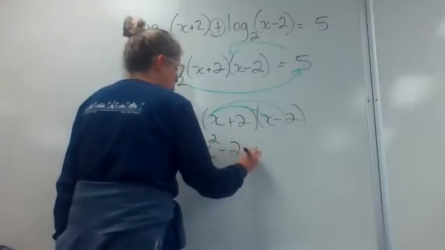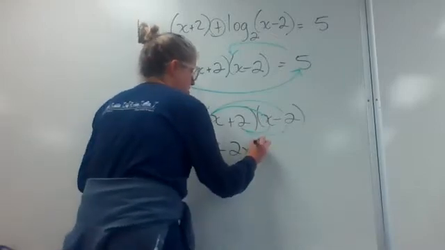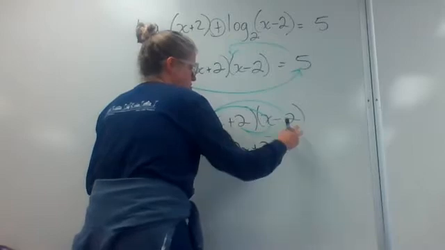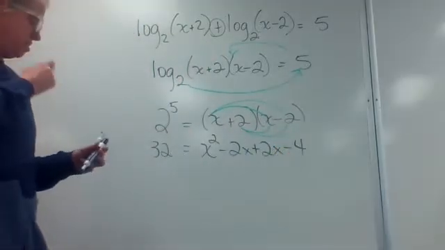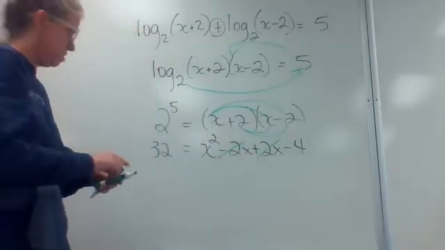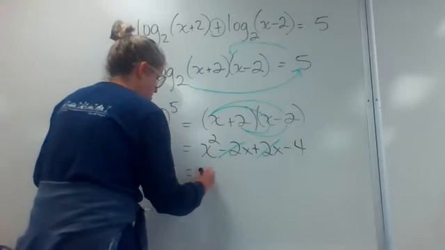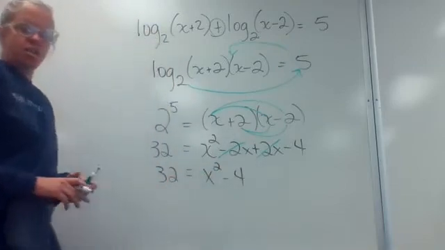The outer is minus 2x. My inner is plus 2x. And then 2 times negative 2 is negative 4. The x terms cancel. So now I've got x squared minus 4 equals 32.